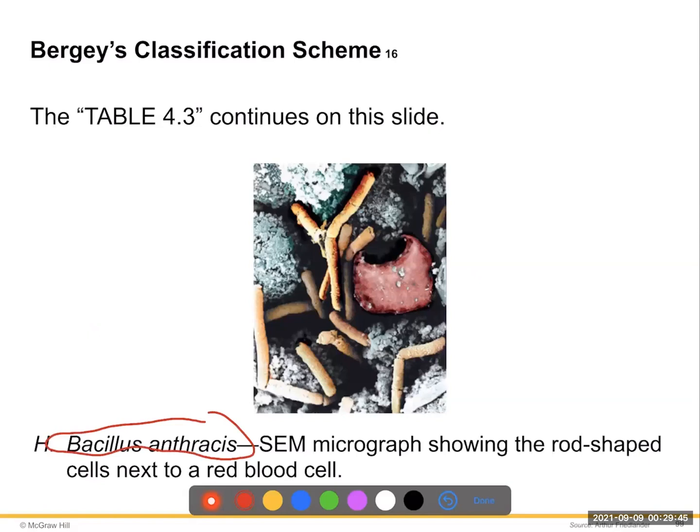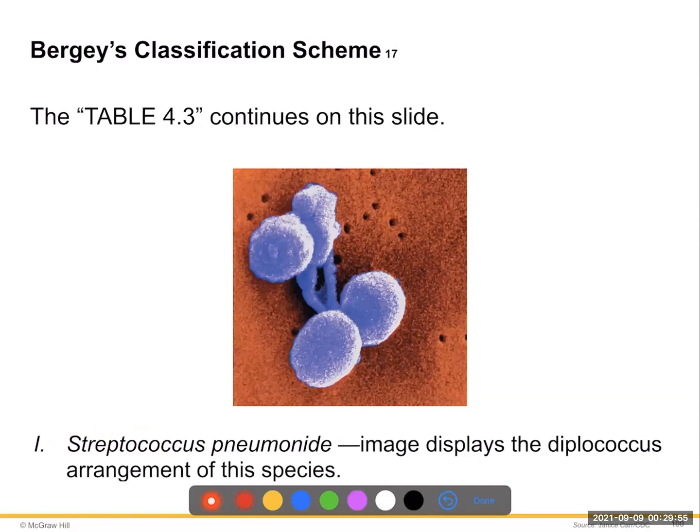This is a scanning electron microscope image of the rod shape next to a red blood cell. Here's your blood cell, and these are the bacteria that cause anthrax. Streptococcus pneumoniae displays the diplococcus, see the two together. So it's a diplococcus arrangement for this species of bacteria.